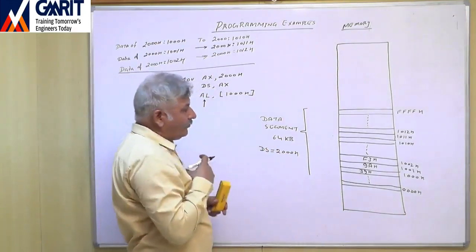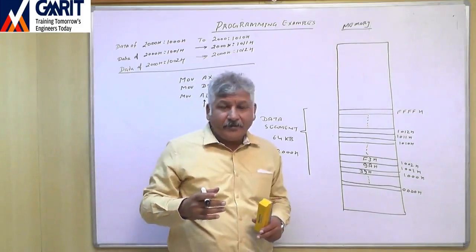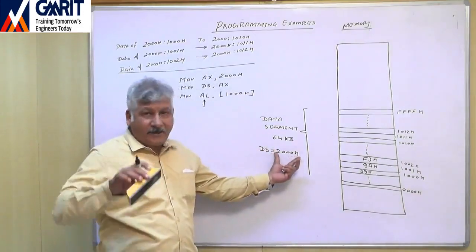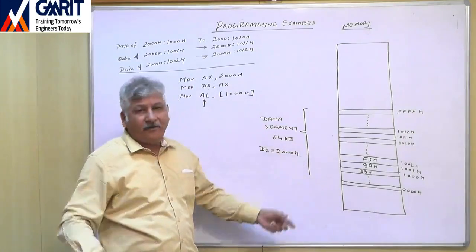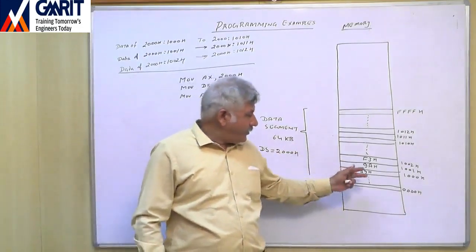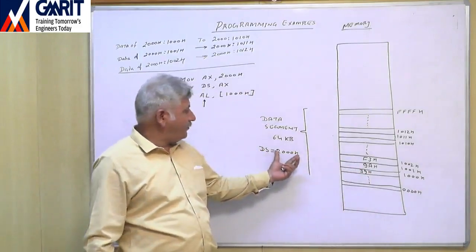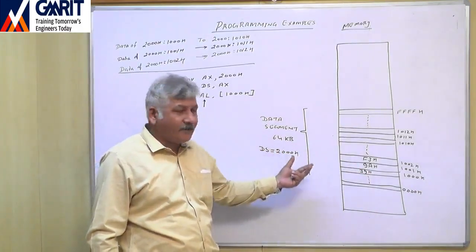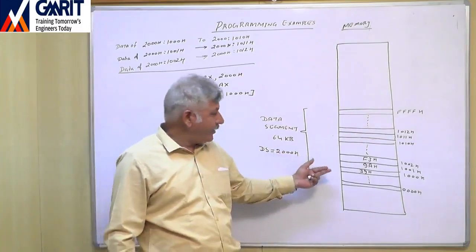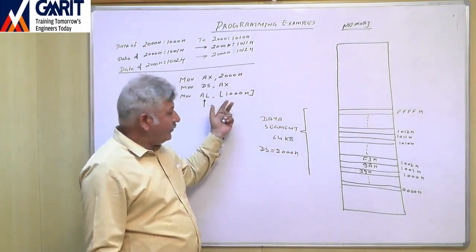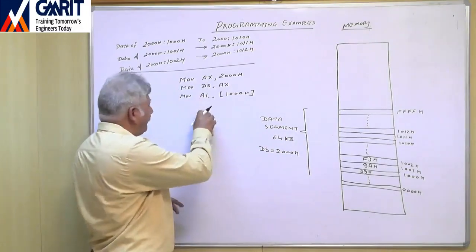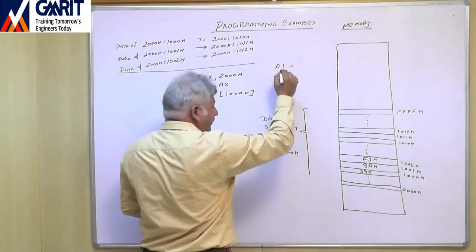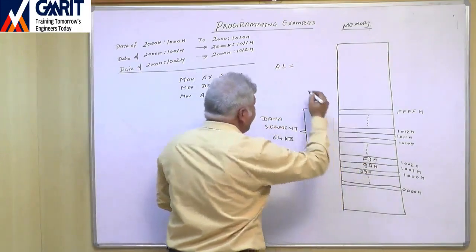So now data will be moved from the data segment whose first address, basically the higher 16 bits of the base address of our data segment, is stored in the data segment register, and the offset is given with the instruction. So now with this instruction, what will happen? The AL register will get the value 39.